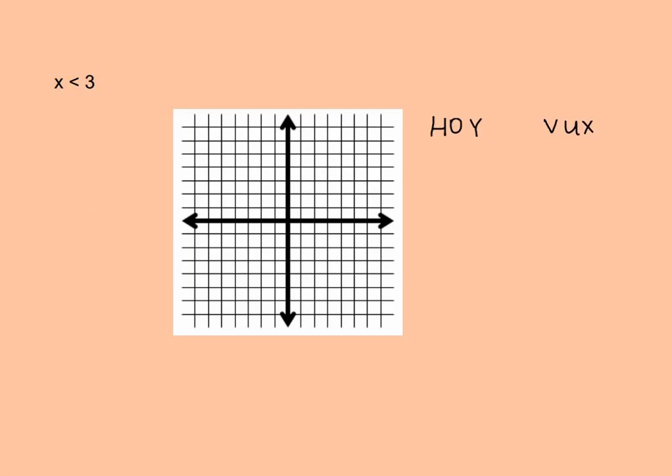That acronym reminds us that all horizontal lines have a slope of 0, and their equation is y equals some number. Vertical lines have a slope that's undefined, and their equations are x equals some number.